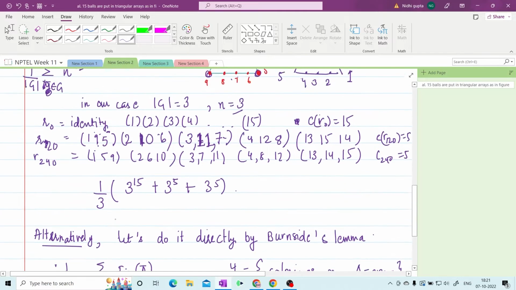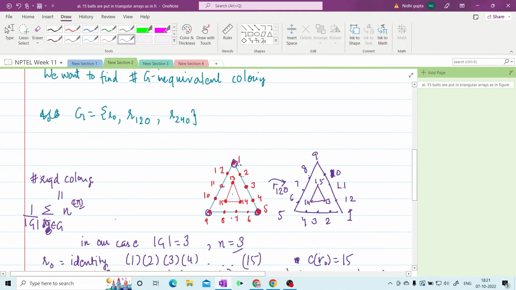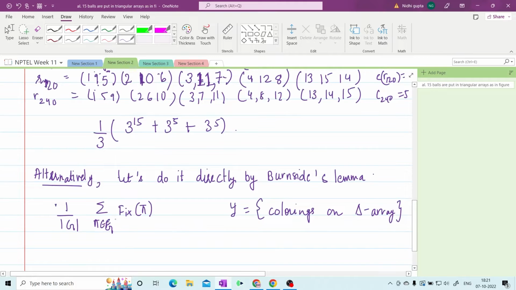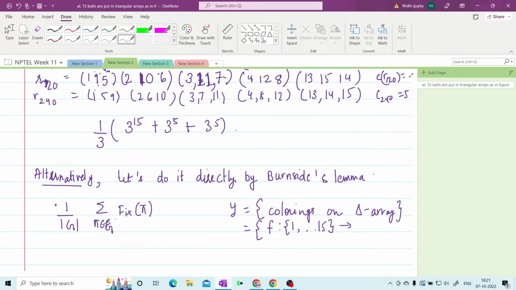So the set is basically this, with a group action on any coloring. Any coloring here is a function f from the set of all the balls to the 3 colors, say red, blue, green.